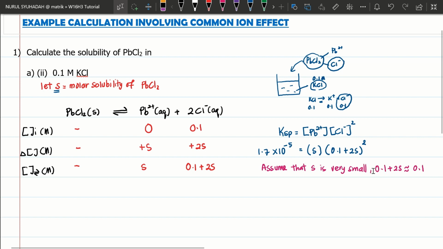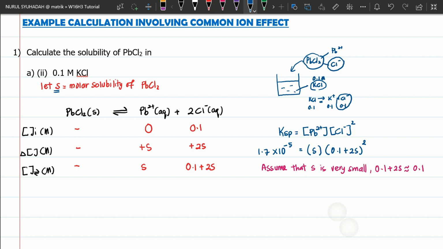So, kita boleh kata the concentration of Cl- is almost the same as the initial concentration, the concentration at equilibrium sama dengan concentration initial dia. Okay, so after making this assumption, baru kita akan sambung balik kita punya calculation.